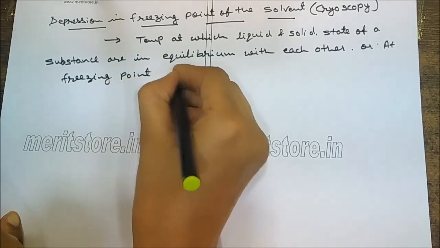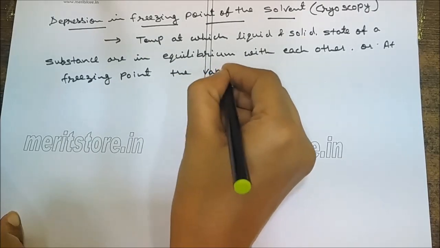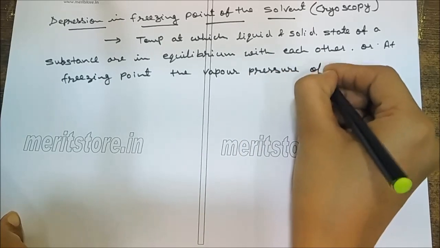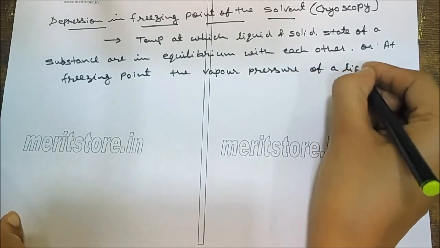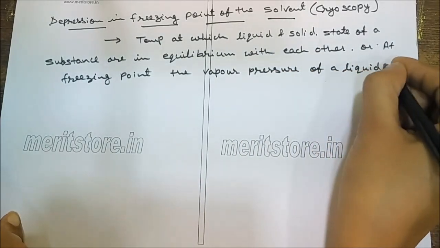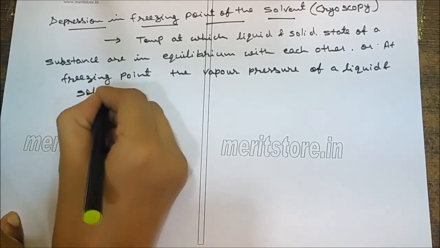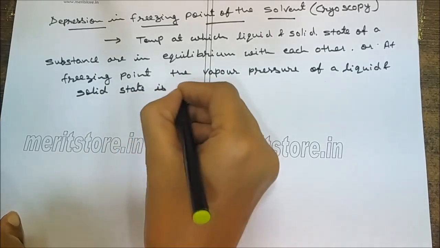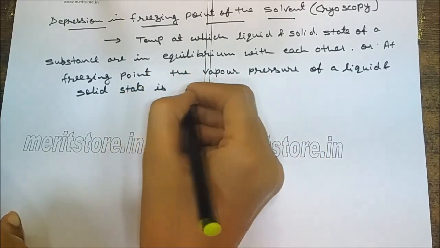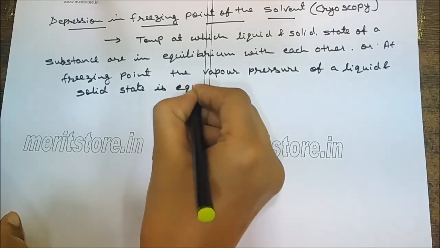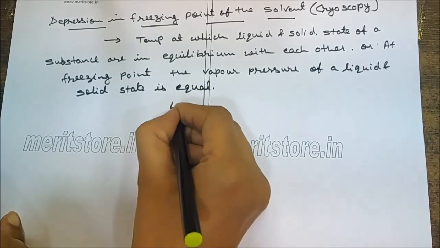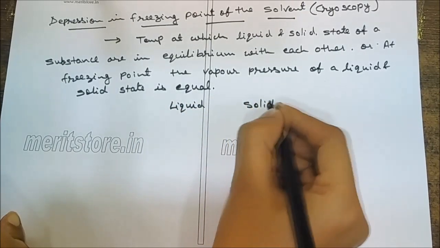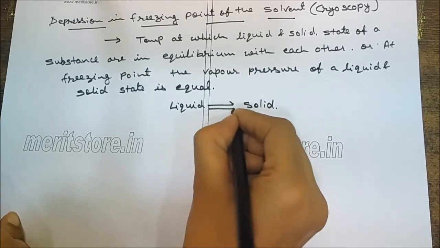Or we can say at freezing point the vapor pressure of the liquid and solid state is equal. This is our liquid and this is our solid. At the freezing point, they both are found in equilibrium.